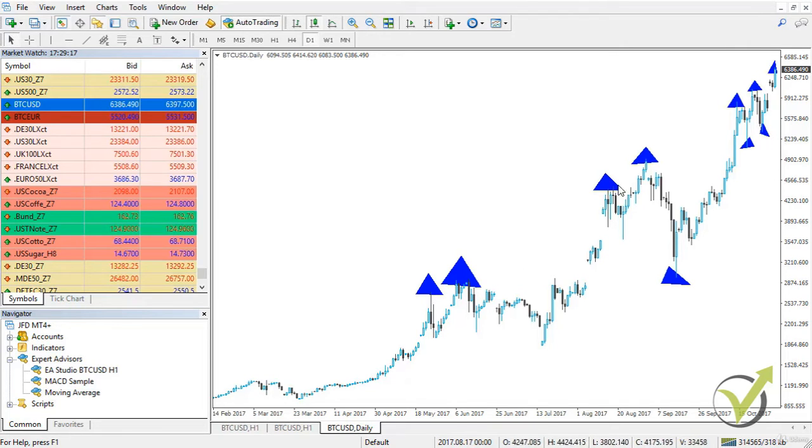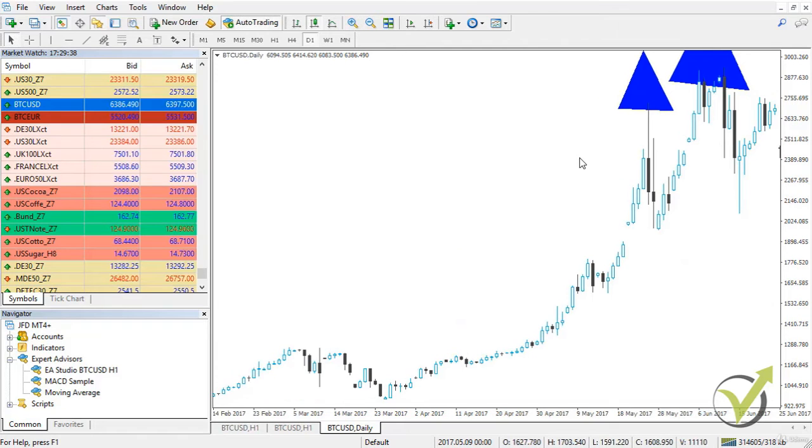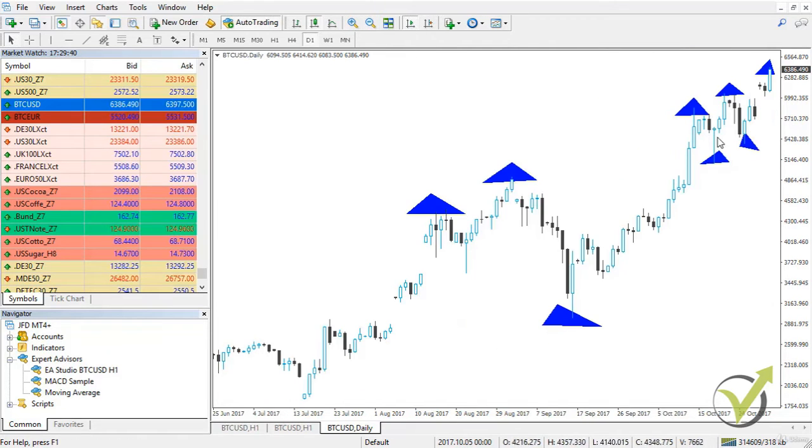You see a series of higher highs, and then a series of higher lows. This identifies that we are in an uptrend. And since we are in an uptrend, we are looking only to buy Bitcoin. We will use the strategy that I will show you in the next lectures, and the expert advisor that you will receive in this course will open the trades for us automatically.